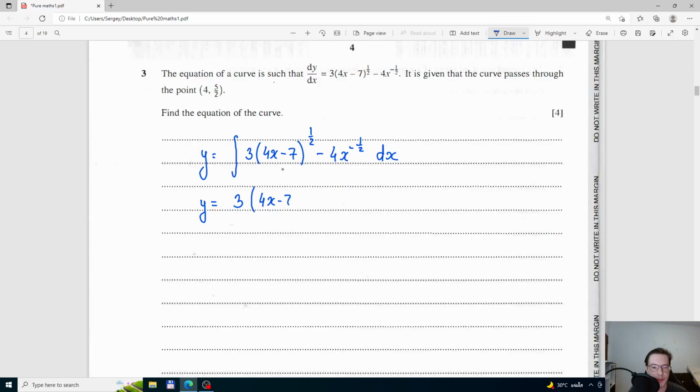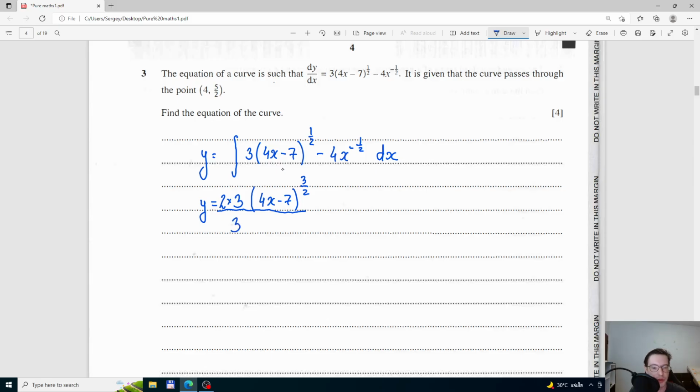Now 4x minus 7, I will add 1 to the power, which is 3 over 2. And now I'm supposed to divide by the new power. And dividing by 3 over 2 will be the same as multiplying by 2/3. So I'll put 2 in front and divided by 3.